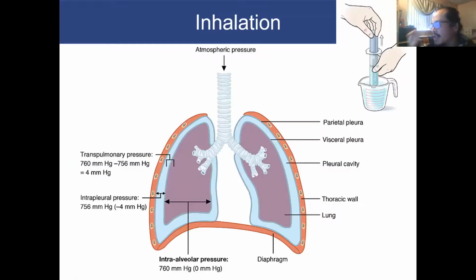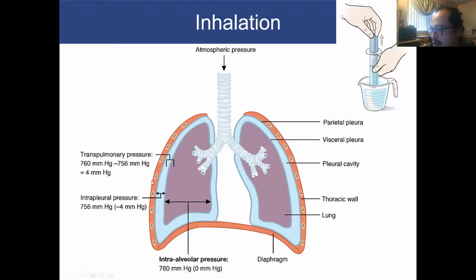So the idea here is how the pleural space participates in this process.